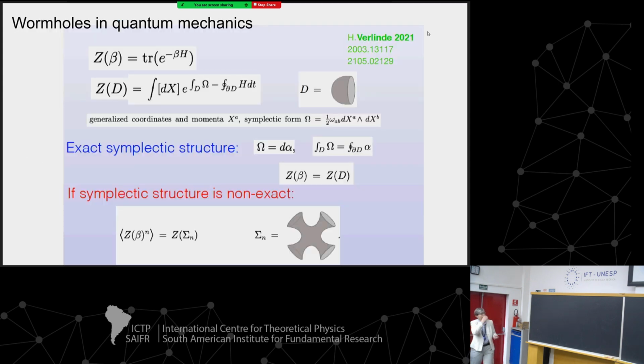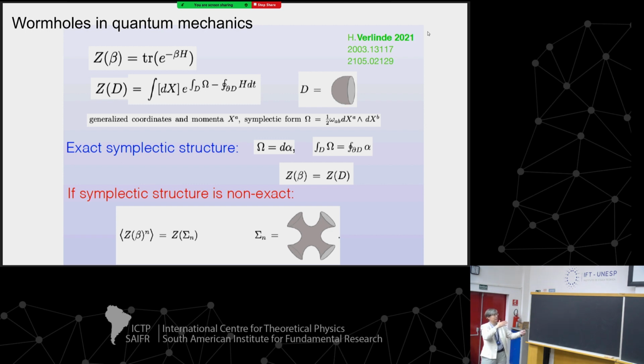Okay, and as I mentioned, another important ingredient is this work by Hermann Verlinde. He studied simple wormholes in quantum mechanics, and the upshot is that if this is the partition function for a thermal system with a quantum mechanical Hamiltonian, then there's this whole machinery of analytical mechanics due to Arnold.